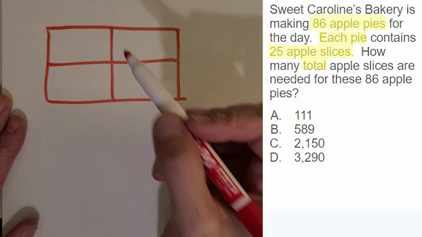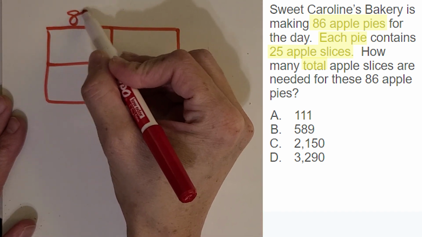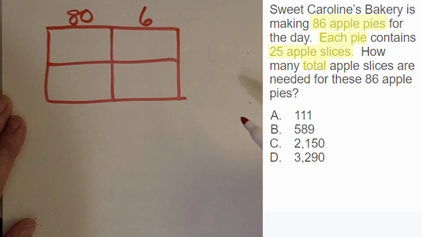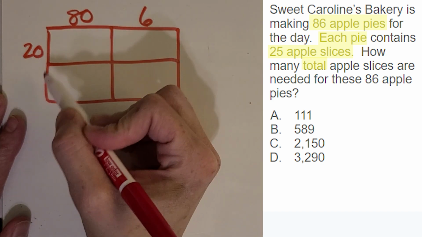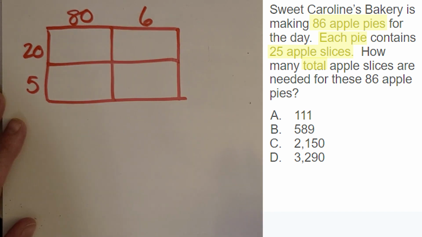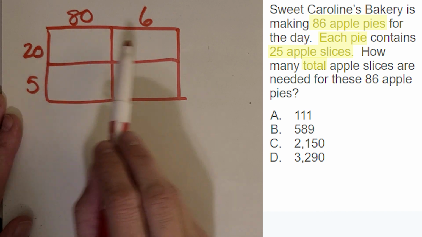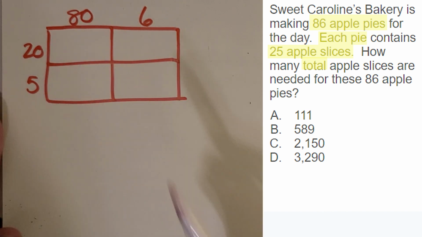So 86, good, would be 80 and 6. 25 would be 20 and 5. And then I can start multiplying in easier chunks that I know a lot better because they can be done pretty mentally.